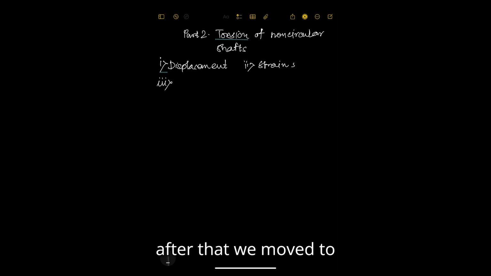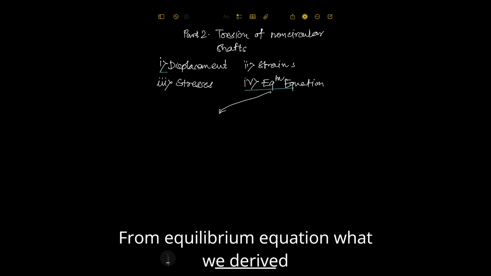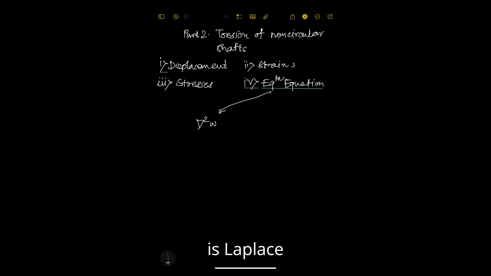After that we moved to evaluate stresses, and then we derived equations of equilibrium. From the equilibrium equation, what we derived is the Laplace equation, del square W equals 0.